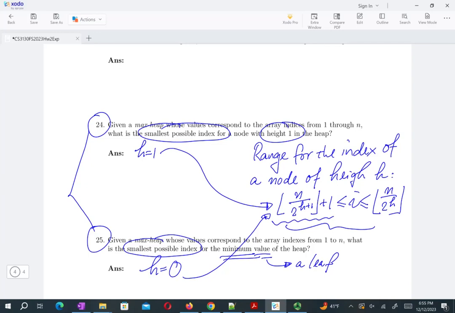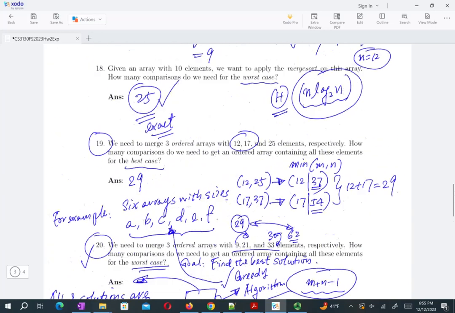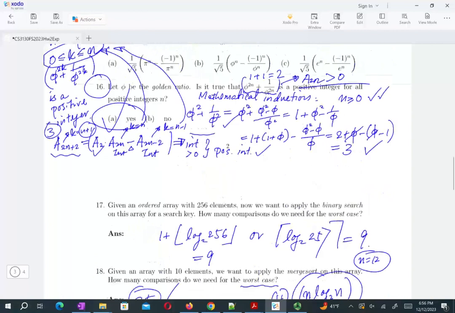So the answer for number 24, h equals 1: floor of n over 4, plus 1. For h equals 0: n over 2 plus 1.